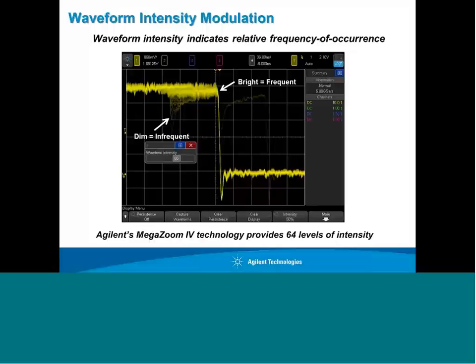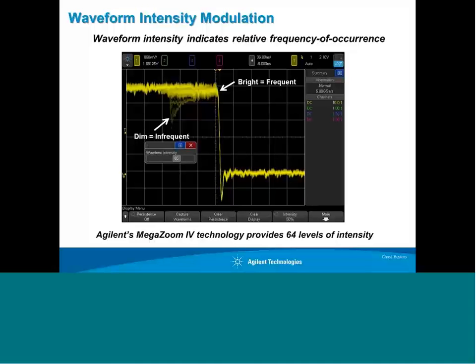The last topic we're going to talk about here today is another tool that's available in many oscilloscopes today: waveform intensity modulation. That can reveal some statistical information about your waveforms. Now, when digital scopes first came on the market about 20 to 25 years ago, there was no intensity modulation. Whatever they captured, they displayed all at the same intensity.